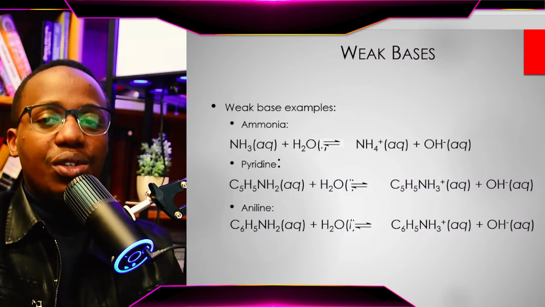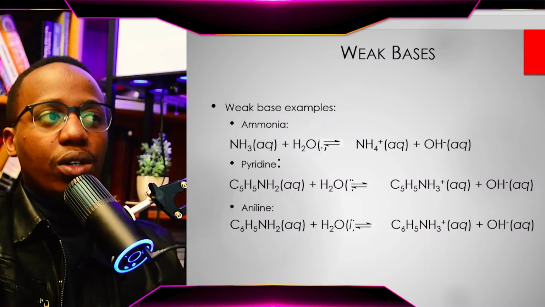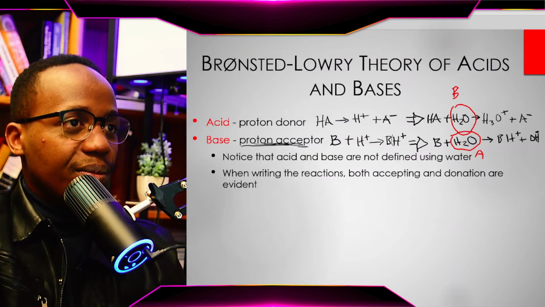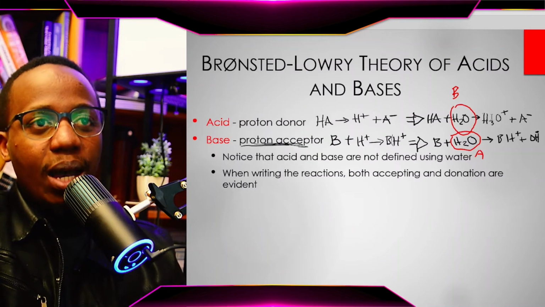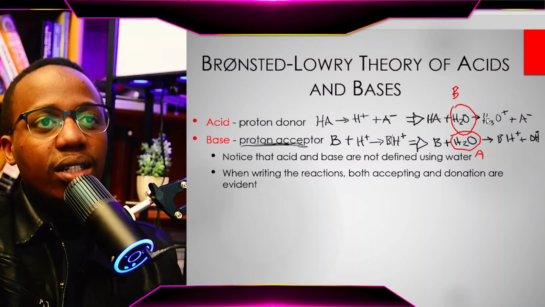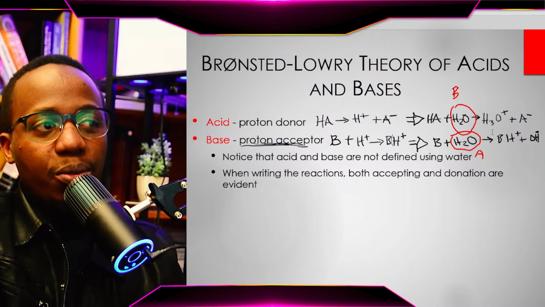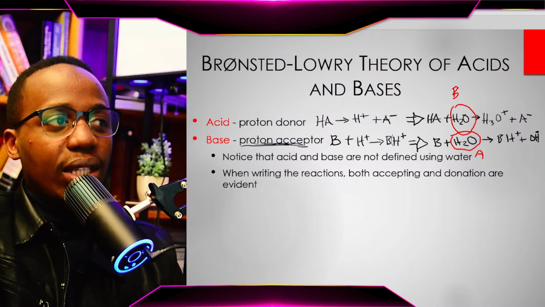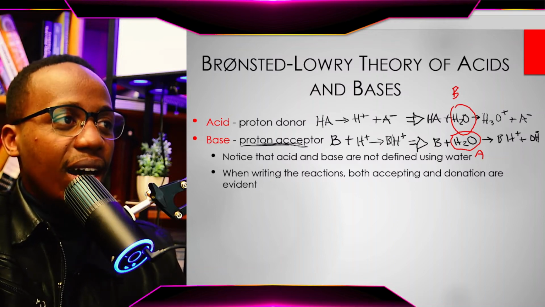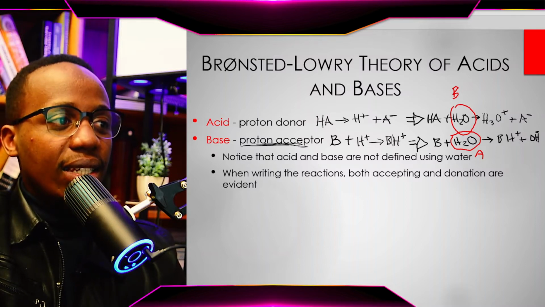And then you should be able to write down how it behaves in water. If it's a strong acid or base, you're going to have one arrow. If it's a weak acid or base, you're going to have two arrows to show that it is reversible. That is how you tell the difference between weak and strong acids and bases.